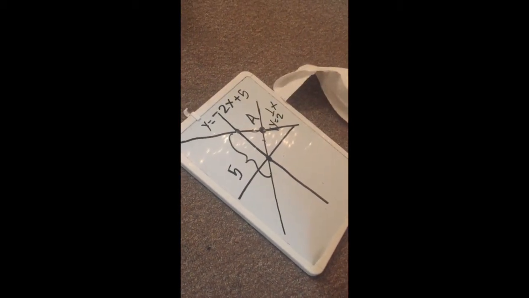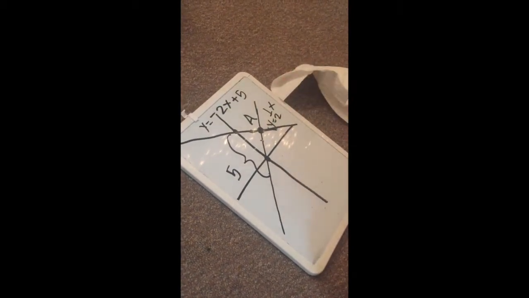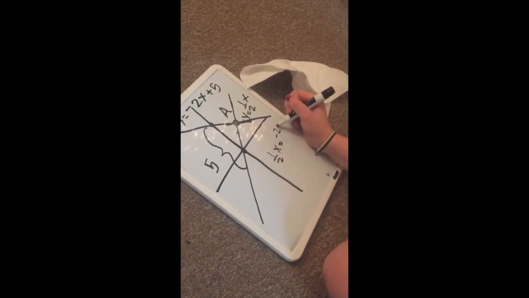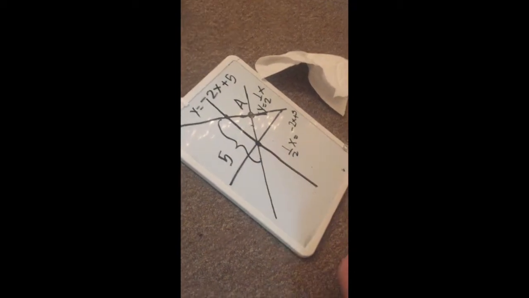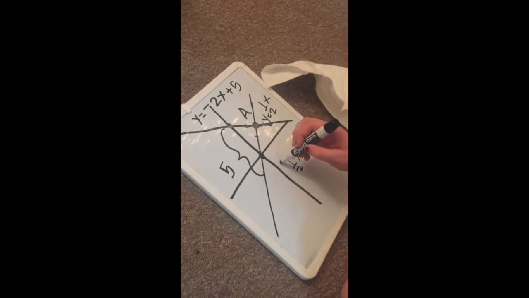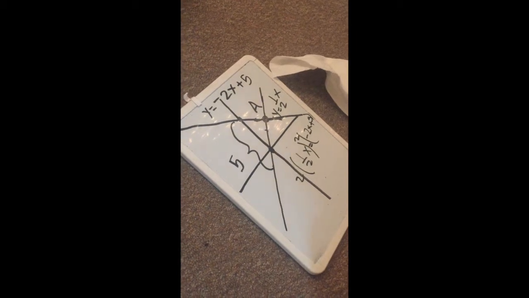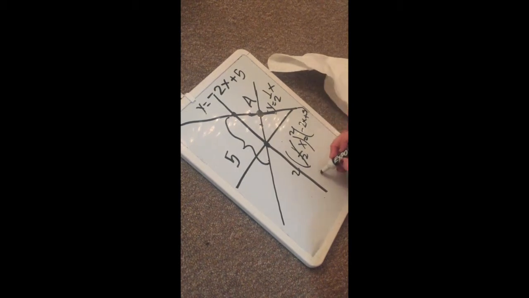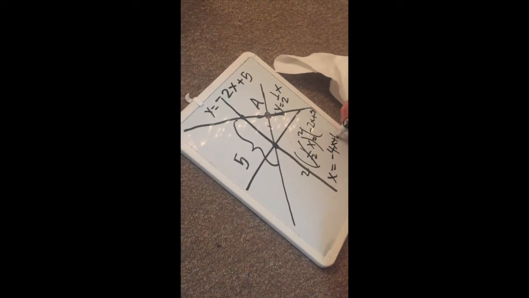In order to find the coordinates for point A, we have to find where A is on the x and y axis. So we're going to set 1/2 x equals negative 2x plus 5. First we multiply each side by 2 to get rid of the 1/2, so x equals negative 4x plus 10.